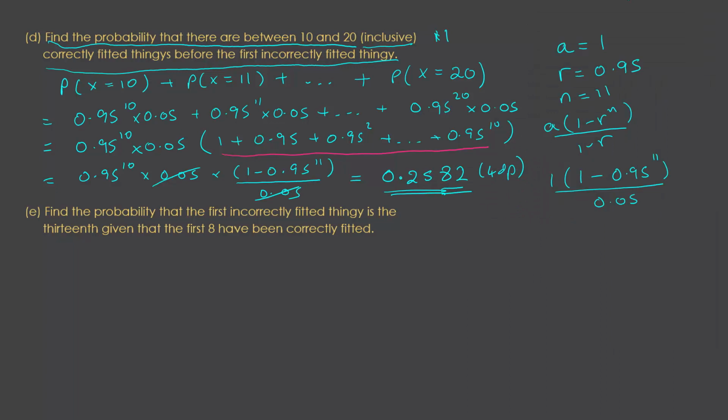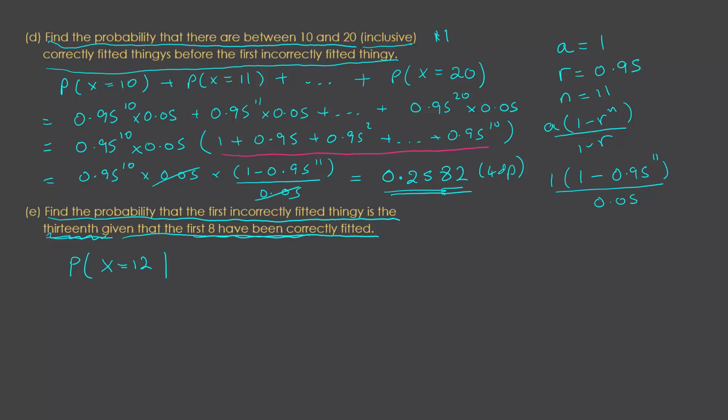And then finally we have part E. Find the probability that the first incorrectly fitted thingy is the 13th, given that the first 8 have been correctly fitted. So what we have here is a conditional probability. Now, if the 13th is the first incorrectly fitted, we're looking at x equals 12, because the first 12 must have been correctly fitted.